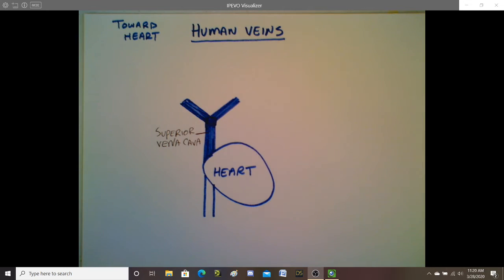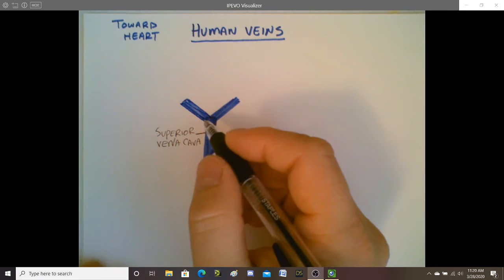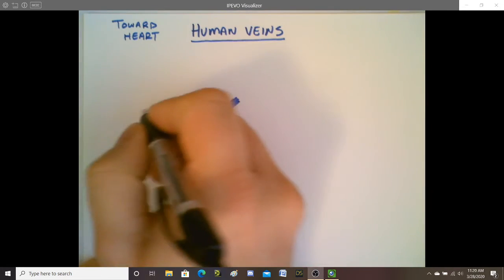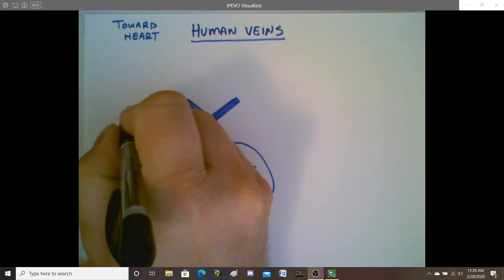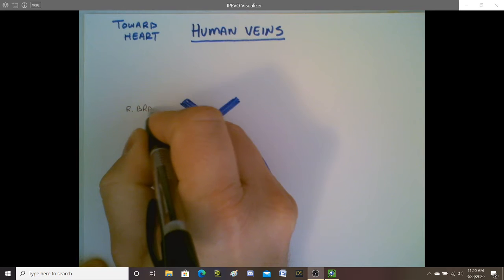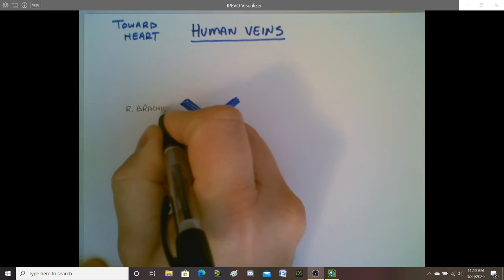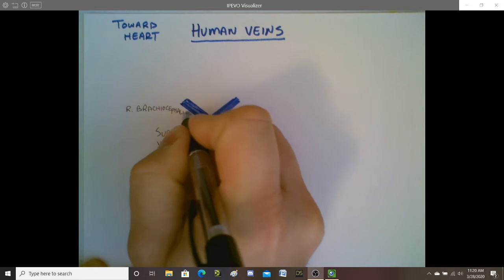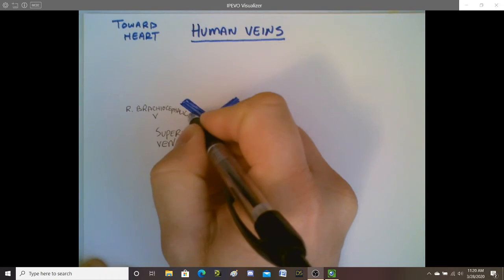Remember, we only had one brachiocephalic artery. It was on the right side. It's that first tube coming off the aorta. But in the veins, we've got two brachiocephalics. So you have to label them left and right. So this is the right brachiocephalic vein.